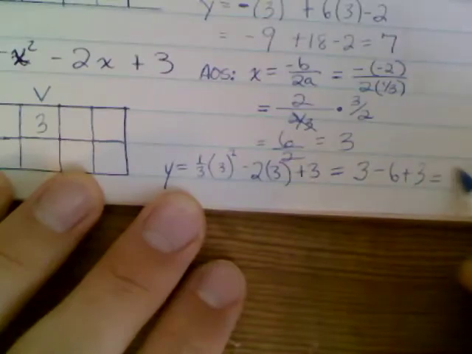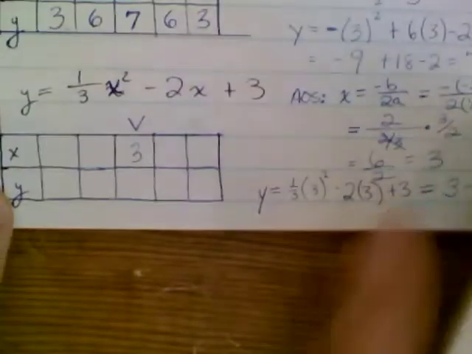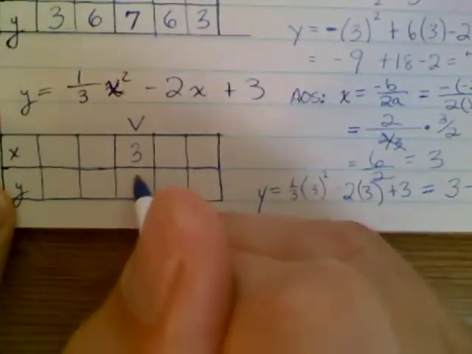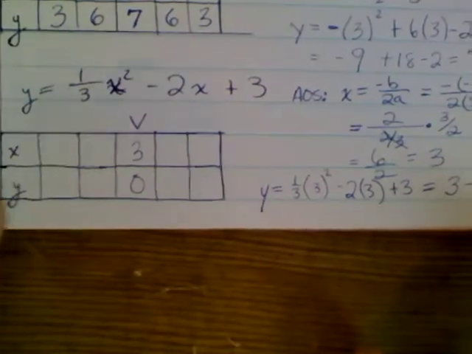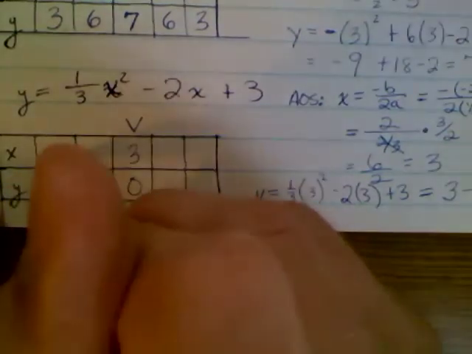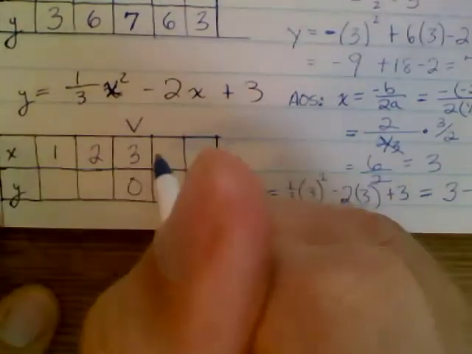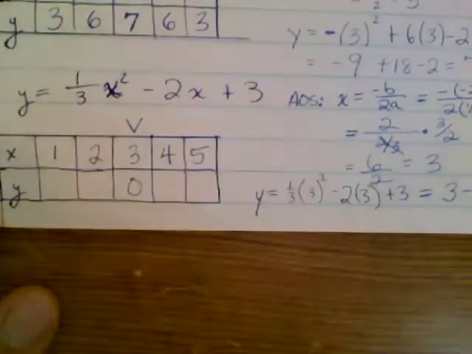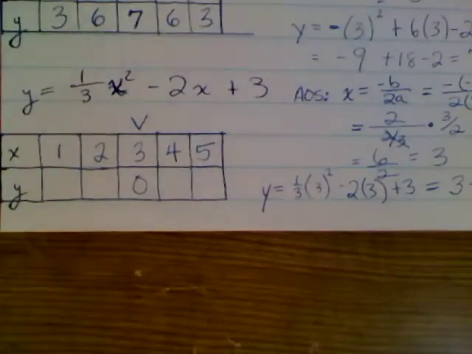That looks like a 0. So 3, 0. And then you don't have to pick these exact values, but I like to pick values like this, kind of close to the 3.